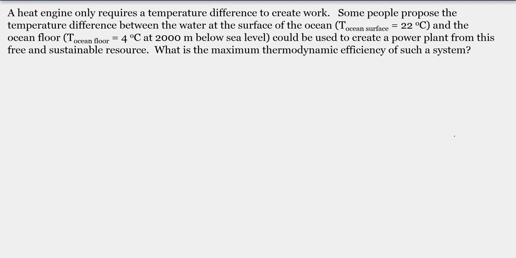So we're going to take that information and we're going to use it right away. So let's take, this is an example that comes up time and time again. These are real world examples here. A heat engine only needs a temperature difference to create work. That's actually a part of the second law corollaries. So all we need is a temperature difference, and I can create work.